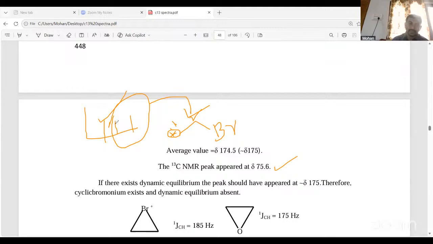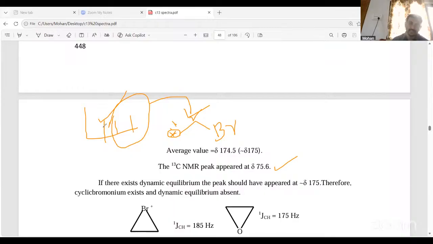So how are we getting this? Why are we getting this? Despite the two carbons, we are getting one more signal. If you get three signals, there must be three carbons here, but there are only two carbons. So what is this signal?